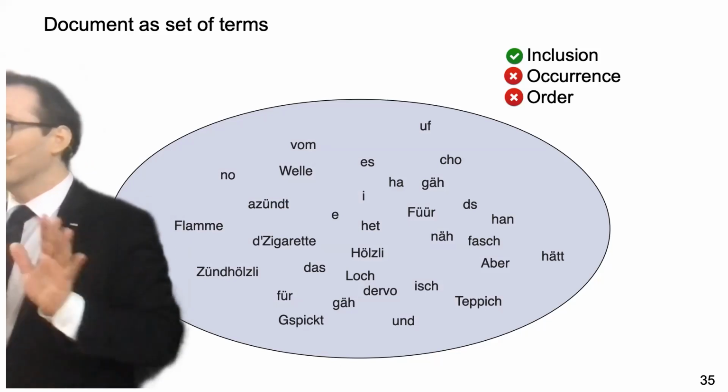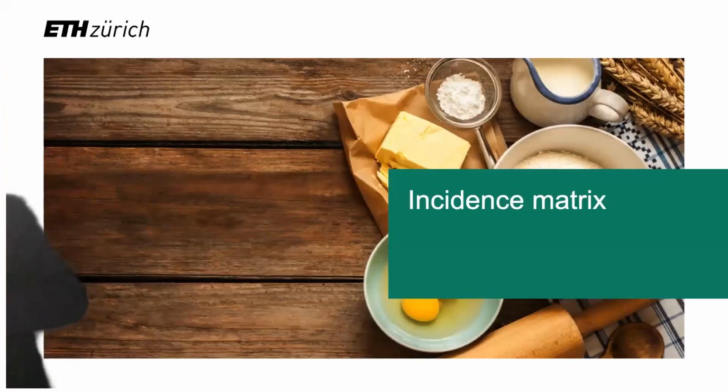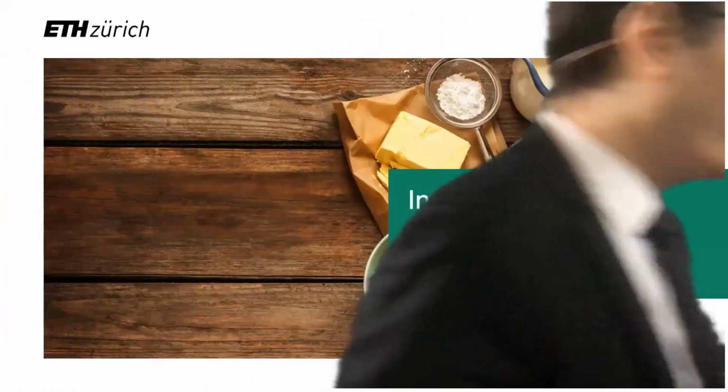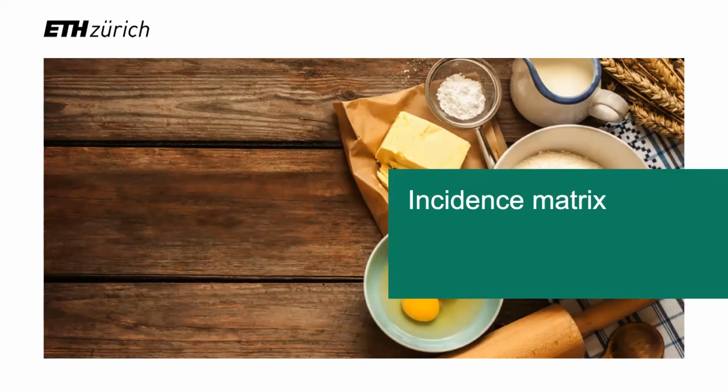Okay, so bag, list, set, we have a choice. But today, we are going to focus on sets of words. What does it mean? We forget about the order of the words. We forget about the number of occurrences of words in a document, and we only focus on a word being included or not in a document.